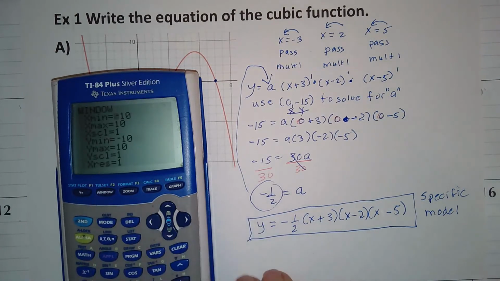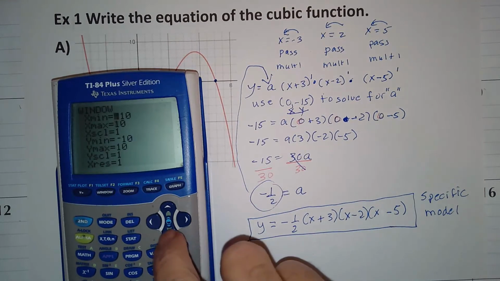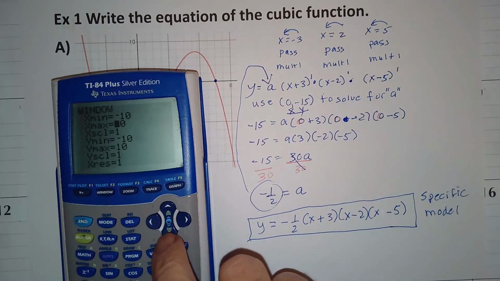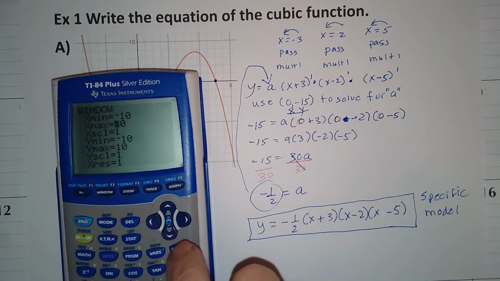Okay, window, x minimum. Let's go down here and see if I can get down to the x maximum. Okay, so let's try negative 7, x max, 7. Actually, it's the y's that we need to worry about.